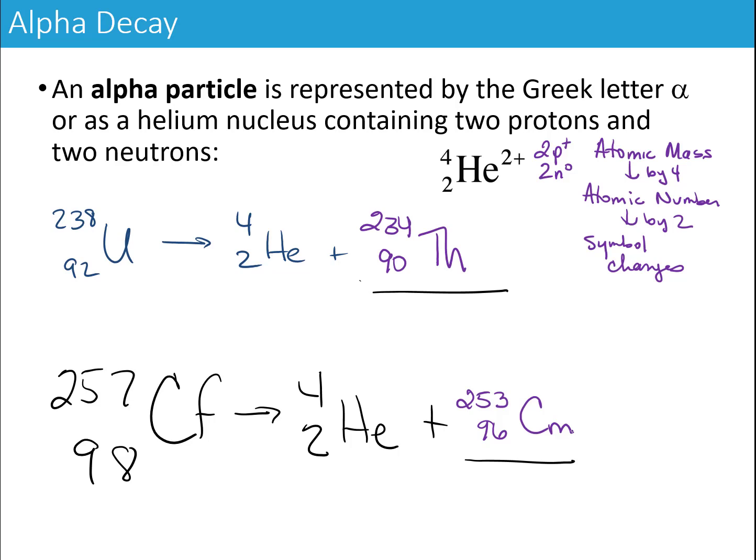So in alpha decay, the whole nucleus is going to get smaller because 4 particles get pushed out of the nucleus, and that's going to help decrease the size of that nucleus and make it a little more stable. So how do you recognize this? Look for this. If you see He, a helium nucleus, as a product, you know it's alpha decay.